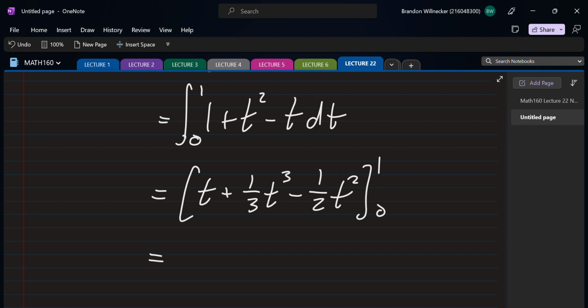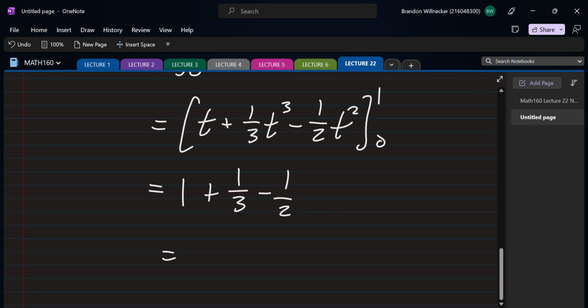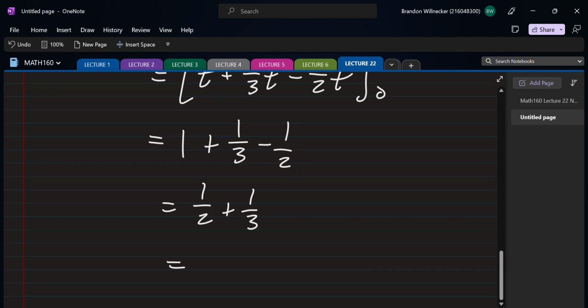We can just substitute 1. So we get 1 plus 1/3 minus 1/2. So we get 1/2 plus 1/3. A little bit of cross multiplying, we get 3 plus 2 over 6, which is 5 over 6. So that is the displacement.